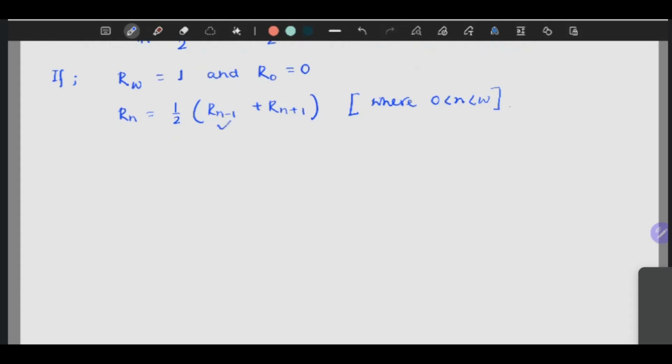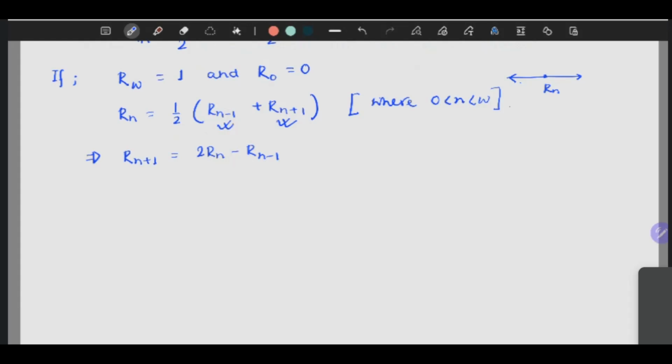This is a preceding term, and there is a following term. I am just talking about the positions, right? This is R_n. You can rearrange this like this: R_(n+1) as 2R_n minus R_(n-1), right?